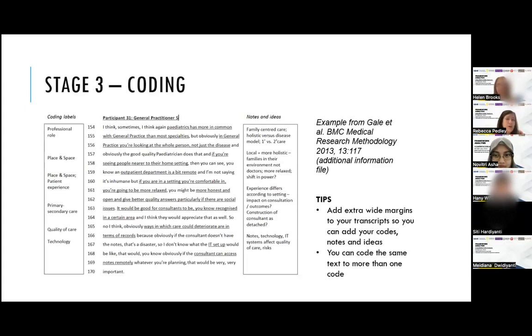As you can see, you've got down the left, the coding labels showing. You've got the line numbers showing, which I just mentioned, the transcript in the middle, and the notes and ideas on the right-hand margin. And this is where extra wide margins can come in useful when you're producing your transcript. So you've got a little bit more space to add these codes and labels.